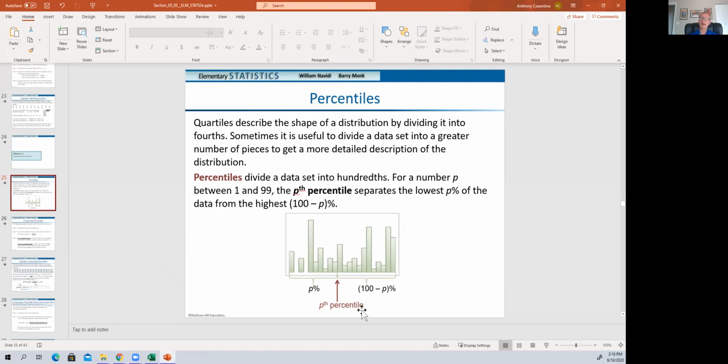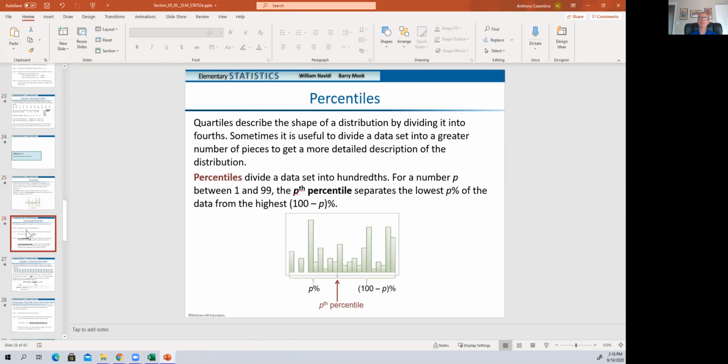And we could break those down even more granular, right? And we could find the 10th percentile, the 15th percentile, the 99th percentile. And so what that means is that the percentage of data below and above will correspond when you add those all up. You always get 100%.